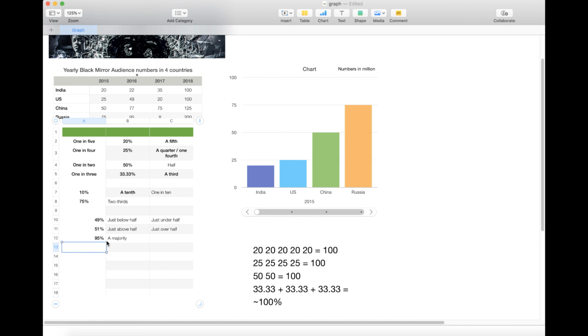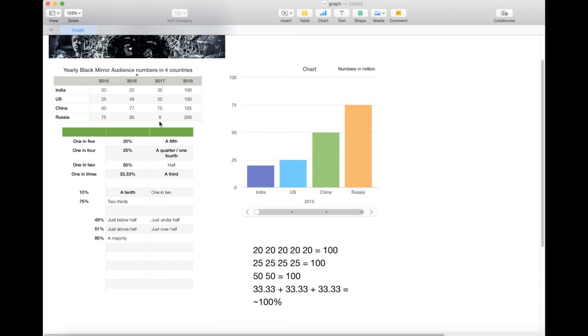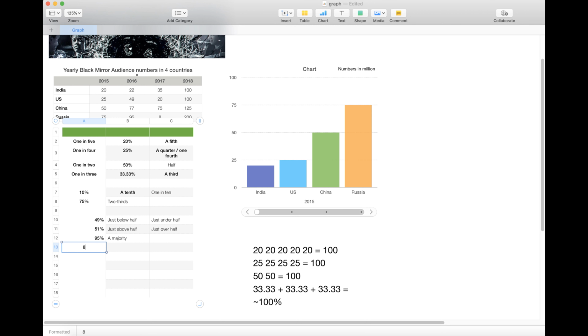And the same thing. Now let's just take 8% here. So 8 million people in Russia in 2017 watched the show. You could say a minority of the people watched Black Mirror in 2017 in Russia.